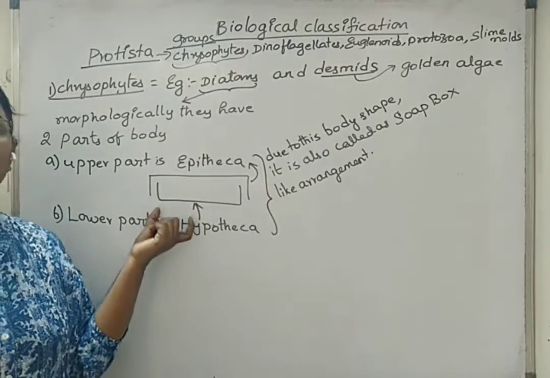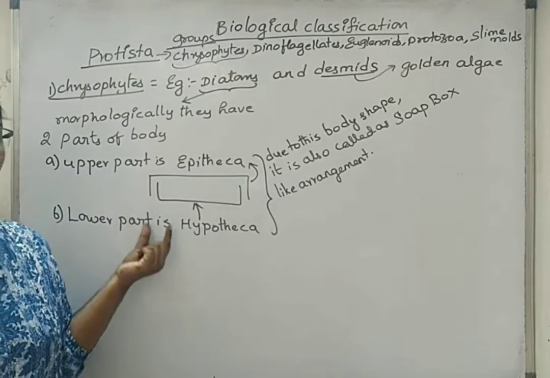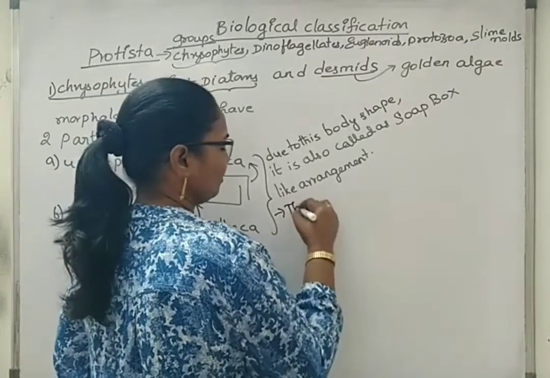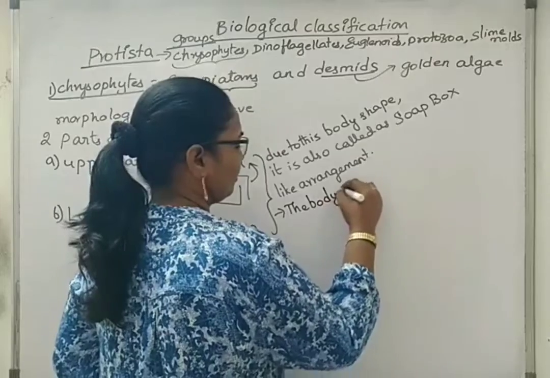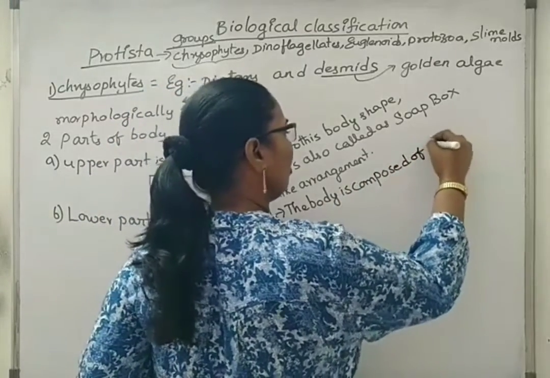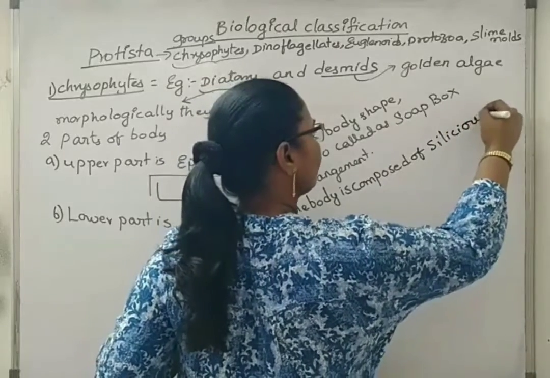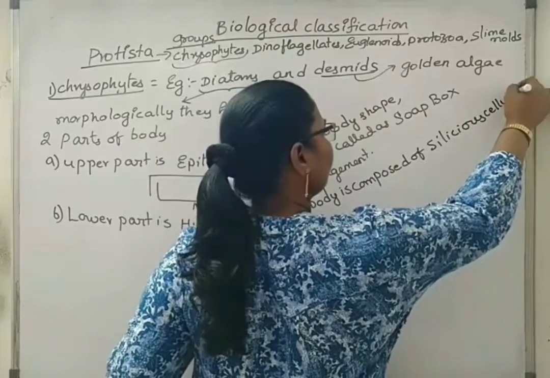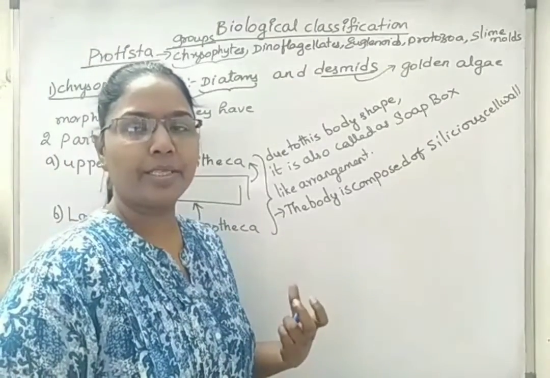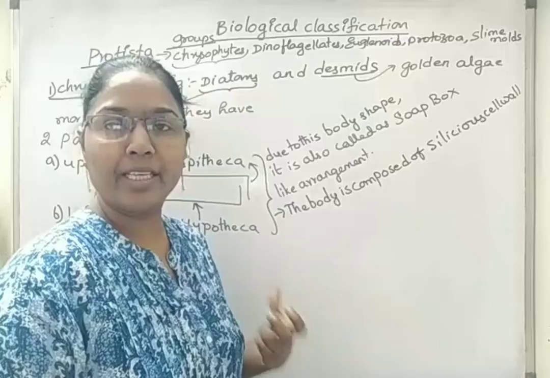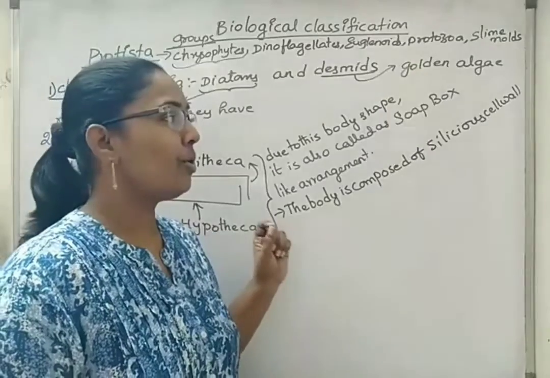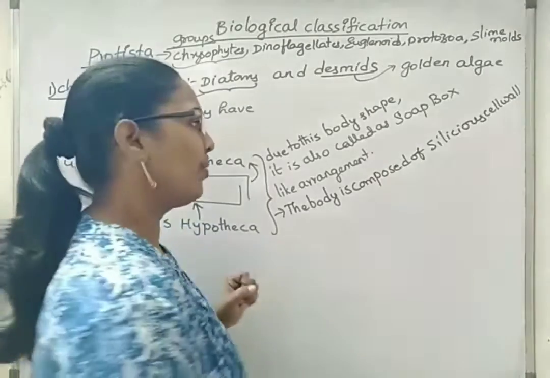Next, the total body of diatoms is made up of silica. The body is composed of a siliceous cell wall, which means that along with the carbohydrates that are present, silica is one of the major contents in the diatom's body, so it is also called a siliceous cell wall.